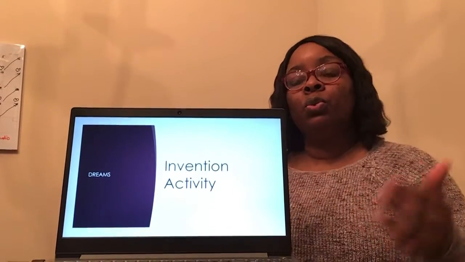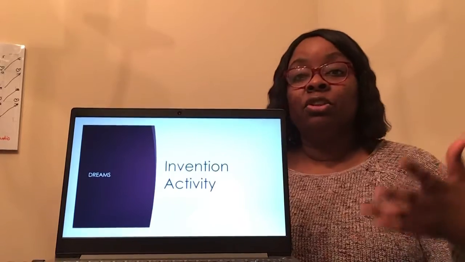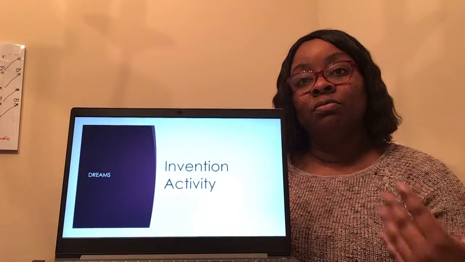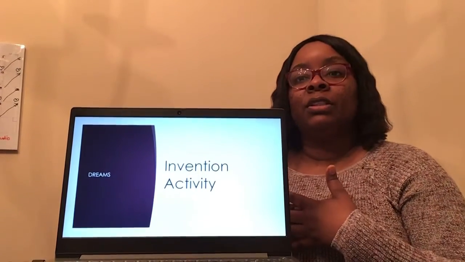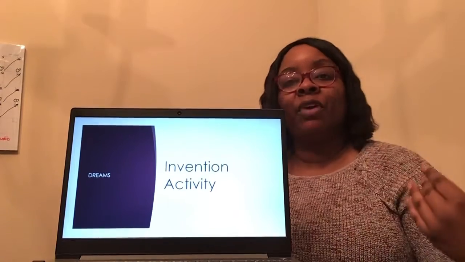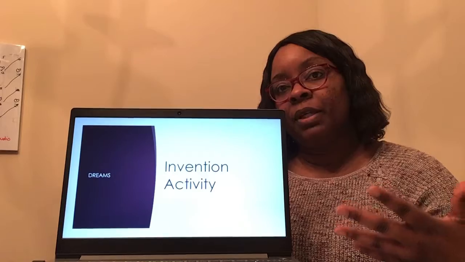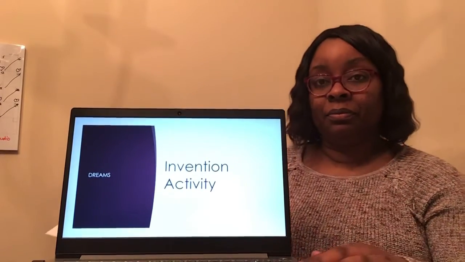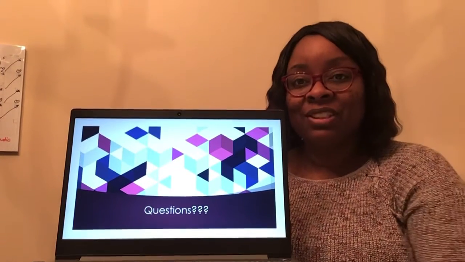And I want you to use at least 2 of these invention strategies in order to generate some ideas to write about the word dream. This is just an in-class assignment. It's not graded. I just want you to see how exactly you go about implementing these strategies in your writing process. Are there any questions?